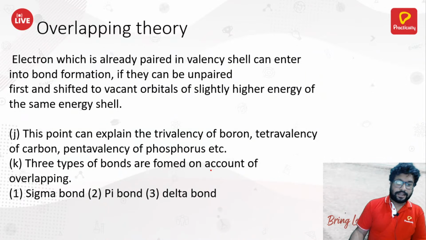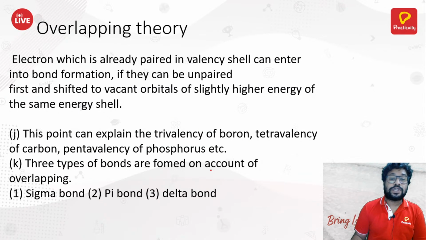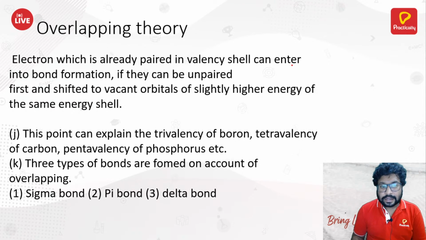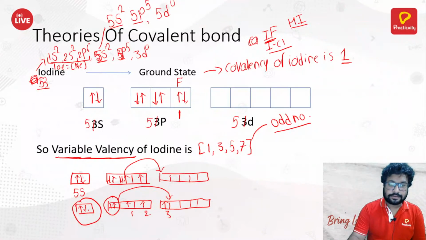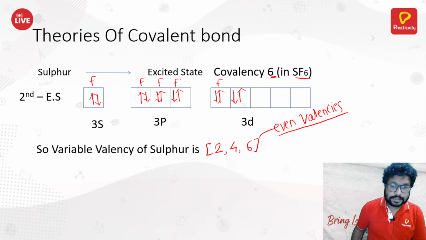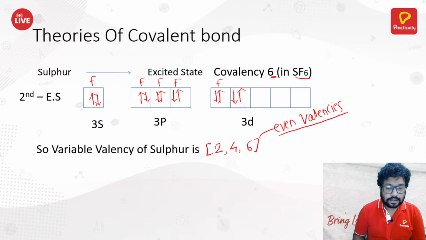So overlapping theory, we are continuing with it. The electron which is already paired in valence shell can enter into bond formation if they can be unpaired first and shifted to vacant orbital of slightly higher energy of the same energy shell. We had seen that here. See, this electron is paired in sulfur, and it belongs to the same shell, third.